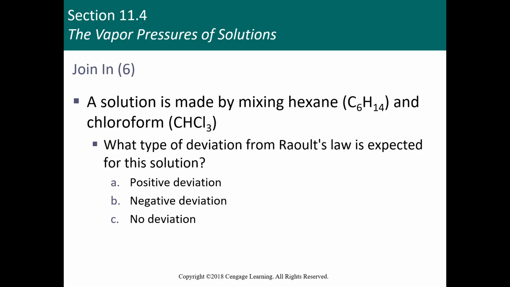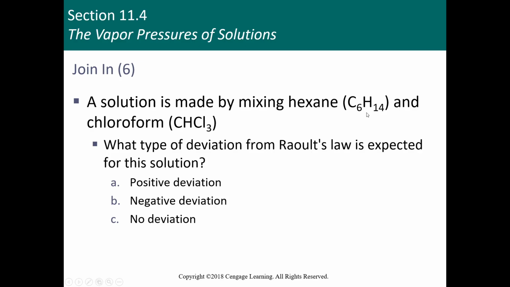That is the answer. A solution is made by mixing hexane, which is this formula here, and chloroform, which is this right here. What type of deviation from Raoult's law is expected for this solution? And so we're again looking at something right here.